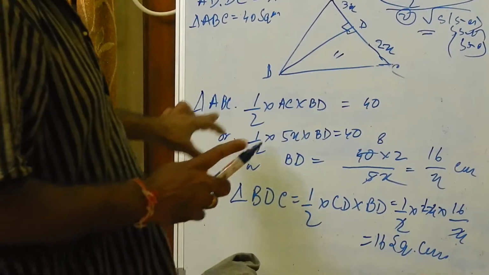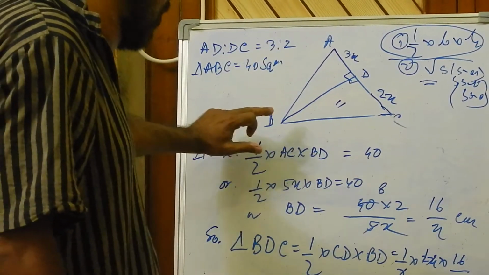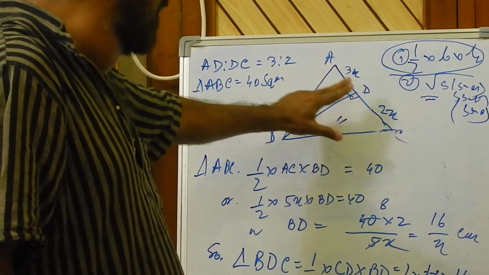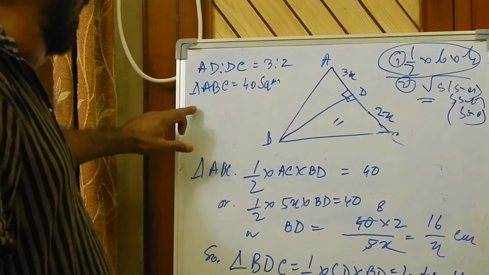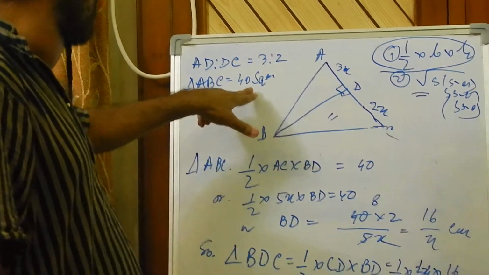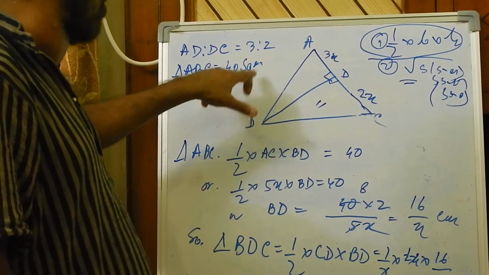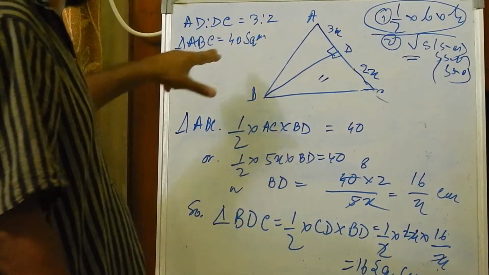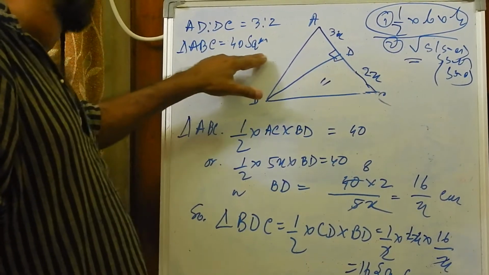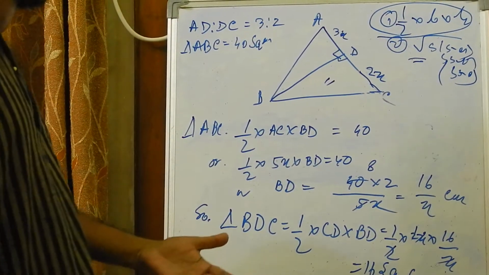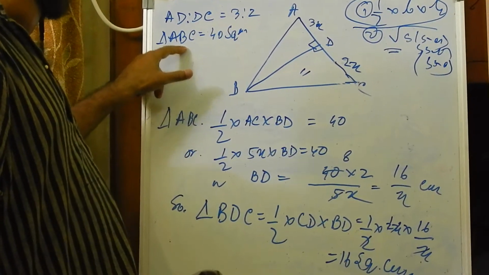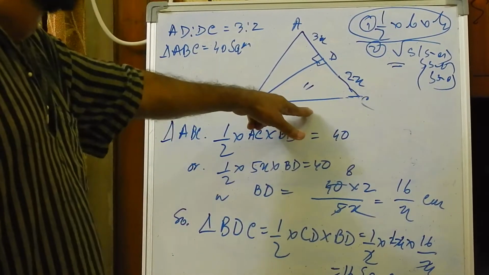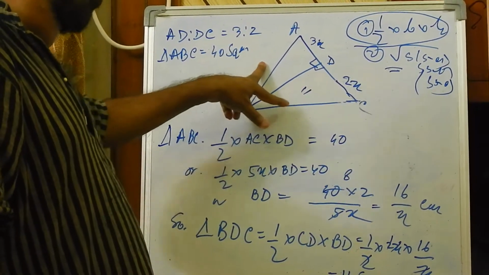I again repeat. Triangle ABC and there is a perpendicular on AC, and given AD is to DC equal to 3:2 and the area of this bigger triangle ABC equal to 40 square centimeter. So what we need to determine is the area of the smaller triangle BDC. For this, as ABC's area is given, we indirectly deduce the formula of ABC's area, and as we told you earlier, between these two formulas, this formula is troublesome for this particular sum because the sides are not well known to us.